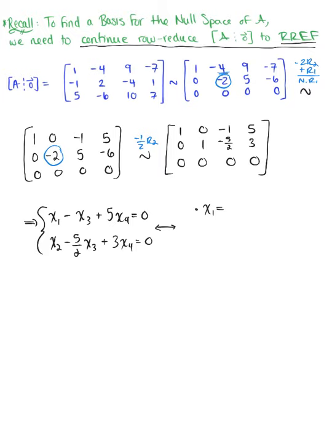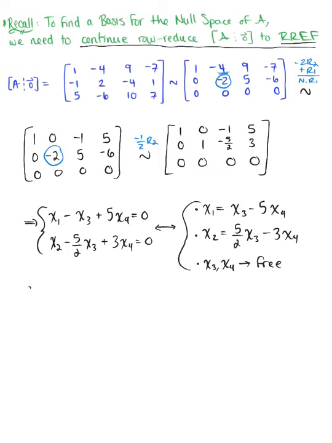So basic variable number 1, x sub 1, is equal to x sub 3 minus 5 times x sub 4. Our second basic variable, x sub 2, is equal to positive 5/2 x sub 3 minus 3 x sub 4. So those are our basic variables, and we'll make a note to ourselves that x sub 3 and x sub 4 are both free.